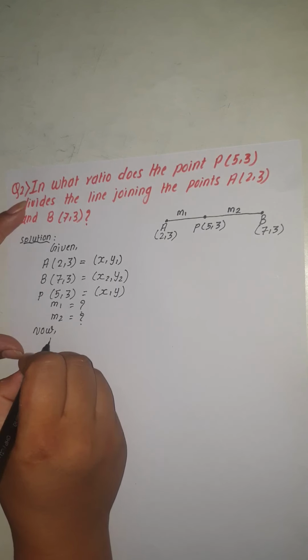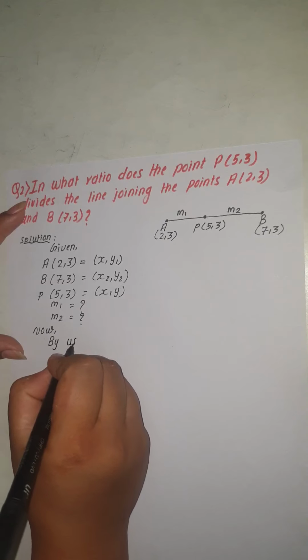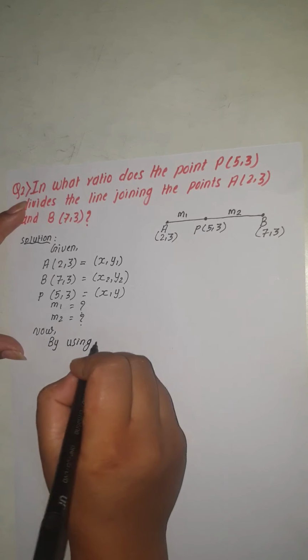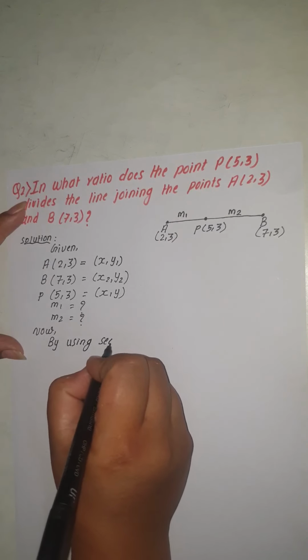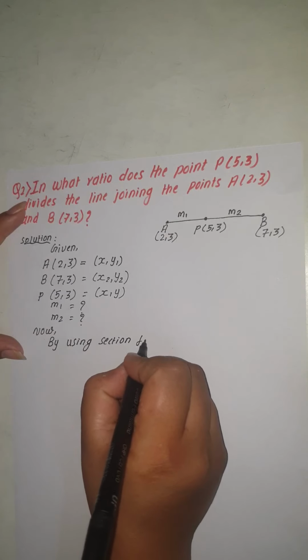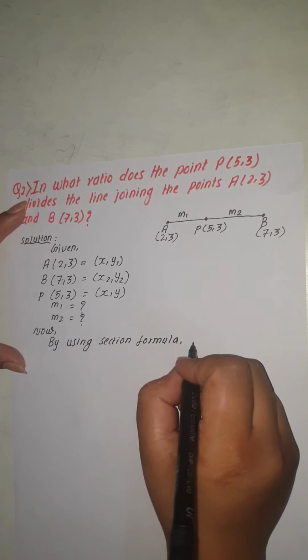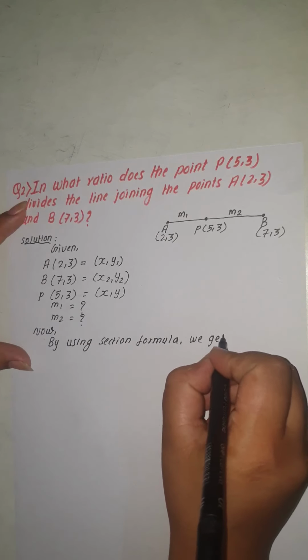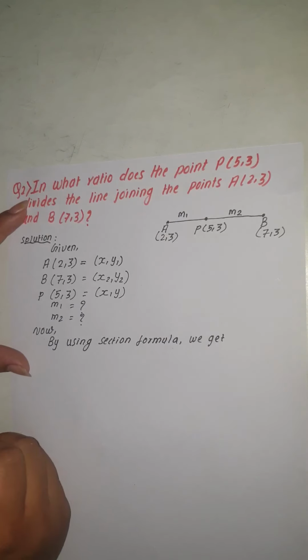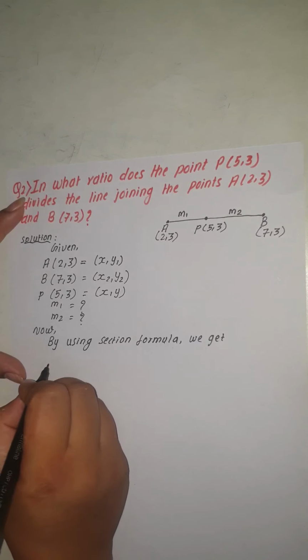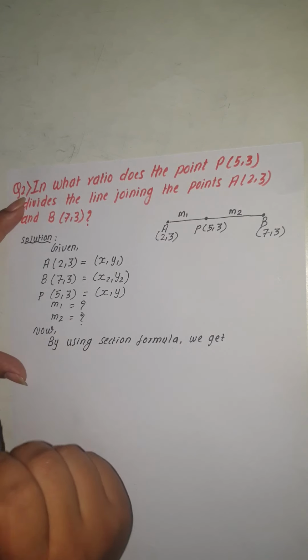Let's write the formula. By using which formula? By using the section formula. In our solution, we need to indicate which formula we are using. Sometimes we use the distance formula, but here we are using the section formula. So what is our section formula?